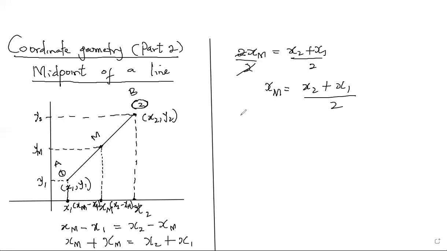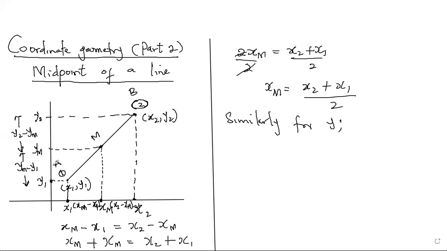If I do the same thing for y, similarly, this distance will be y2 minus ym, up to this point, and from here to here will be ym minus y1.